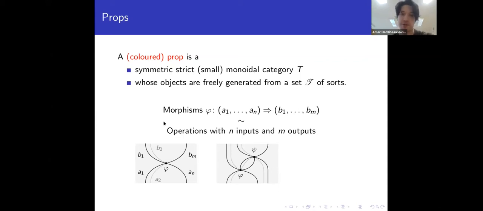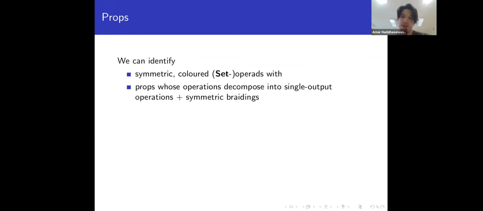So any arrangement of this form has a composite in a prop. And there are some special operations, the symmetric gradings, which allow us to permute the wires and connect them in any kind of permuted order.